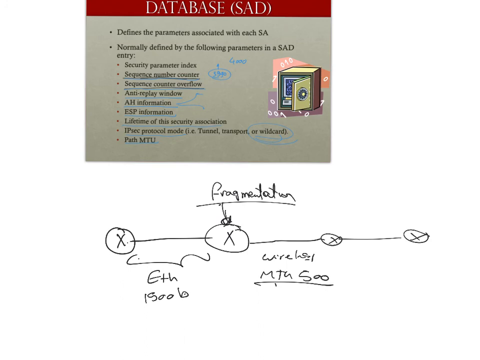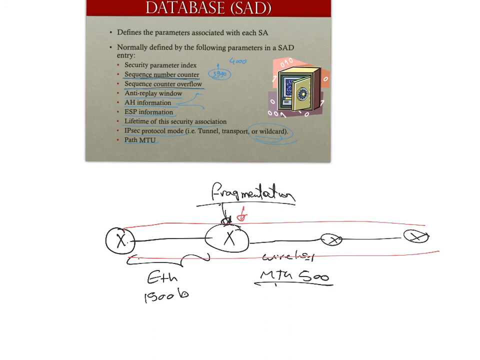The problem now is if you have a tunnel. Imagine you have a tunnel between these two routers. Well, you can still perform some fragmentation inside the tunnel, but when you do fragmentation, you require IPsec to say that these fragments still need to use the same security association and so on.